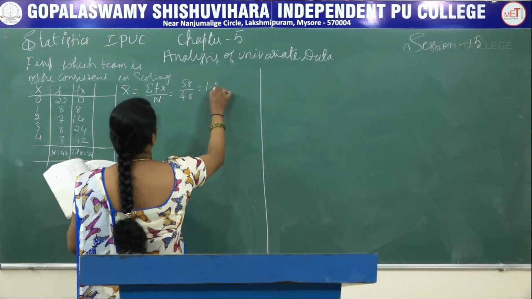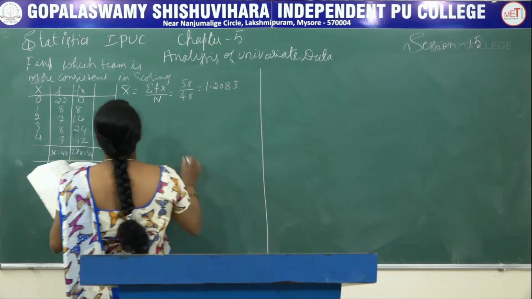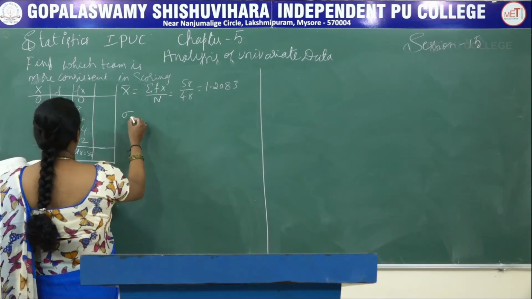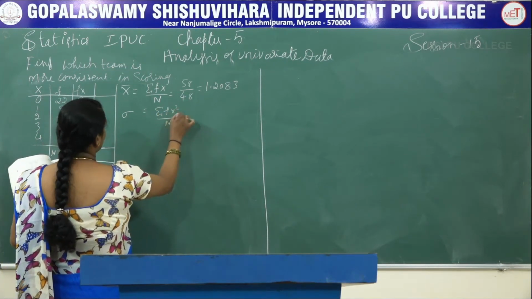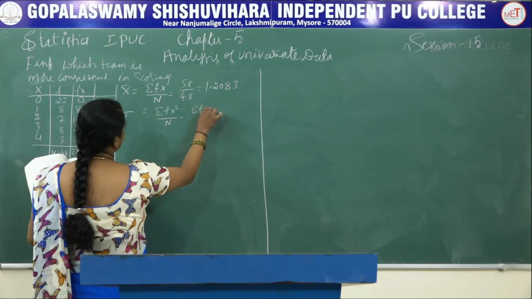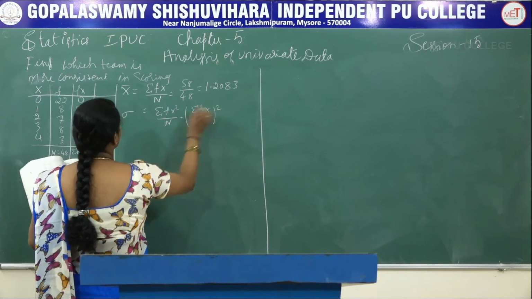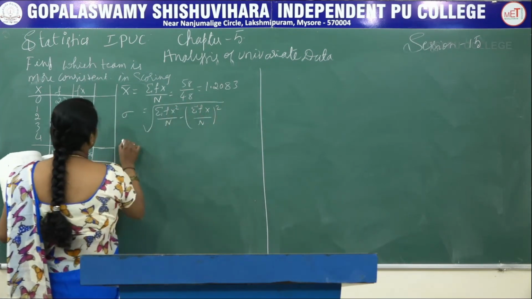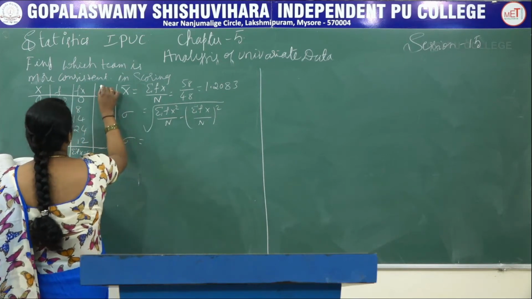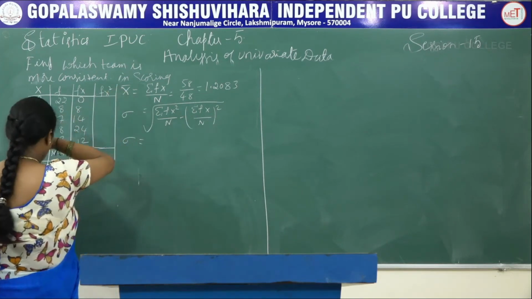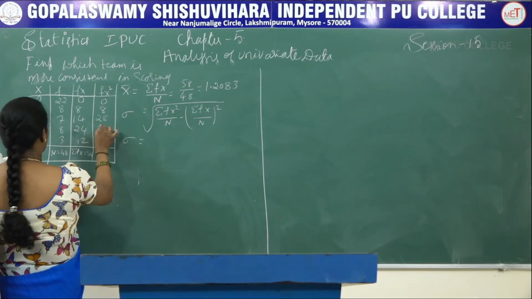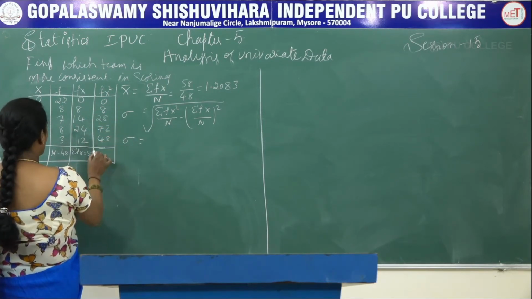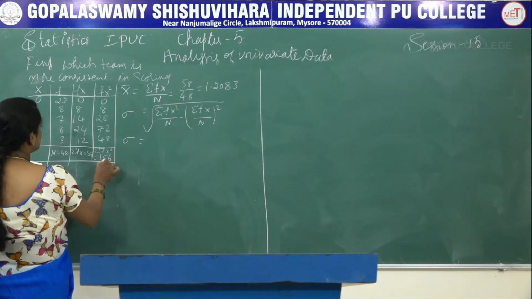This is 1.2083. Next you have to find sigma, that is the square root of summation of Fx square divided by N minus summation of Fx divided by N the whole square. We have to find Fx square: 0, 8, 28, 72, 48, and the summation of Fx square is equal to 156.